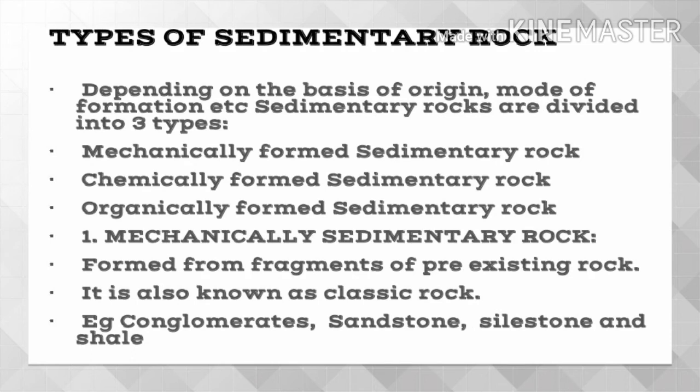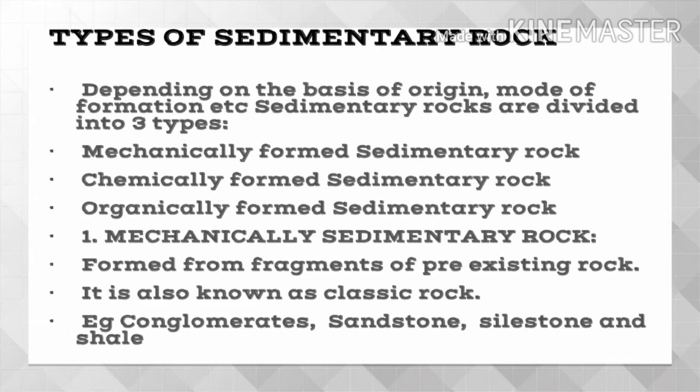Now let us talk about the different types of sedimentary rocks. There are different aspects on the basis of which a sedimentary rock can be divided into different types. It may be based on the origin, from which rock material it has originated, or what kind of composition the rock has, or how the rock has been formed.